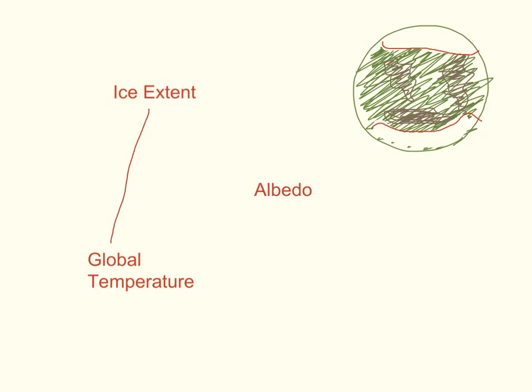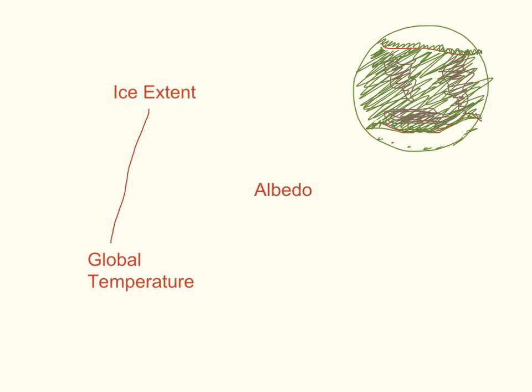So we could imagine that our ice sheets are going to retreat just a little bit, right along the edges of the ice sheets. And as those ice sheets melt away, what's going to be in their place is land. So we might imagine that as temperatures increase, ice extent is going to decrease. It might just be an incremental change in albedo.